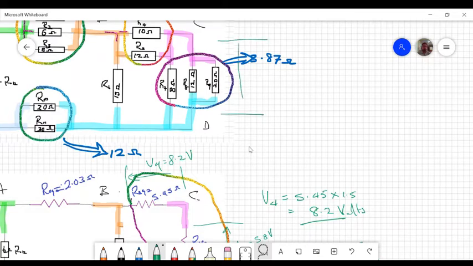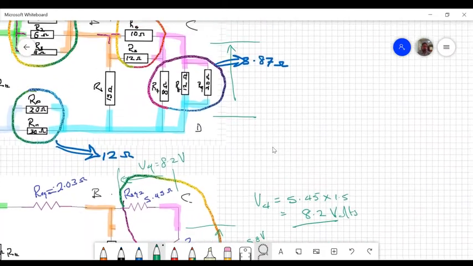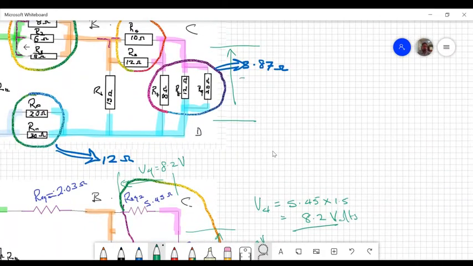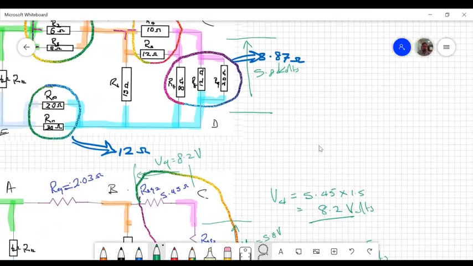So I know this voltage here is 5.8 volts. And I know the voltage across this branch is that value that I found there, 8.2 volts.